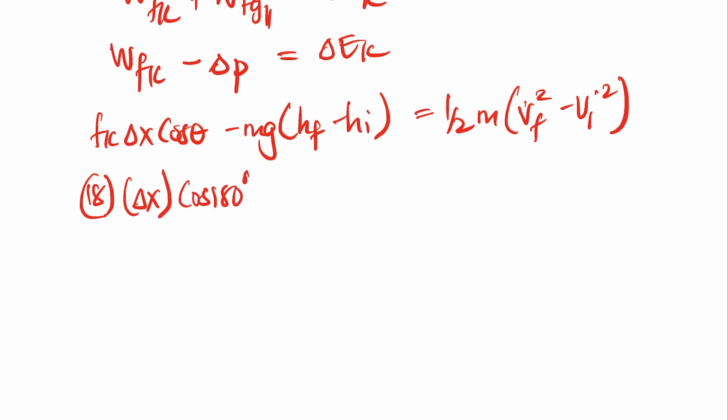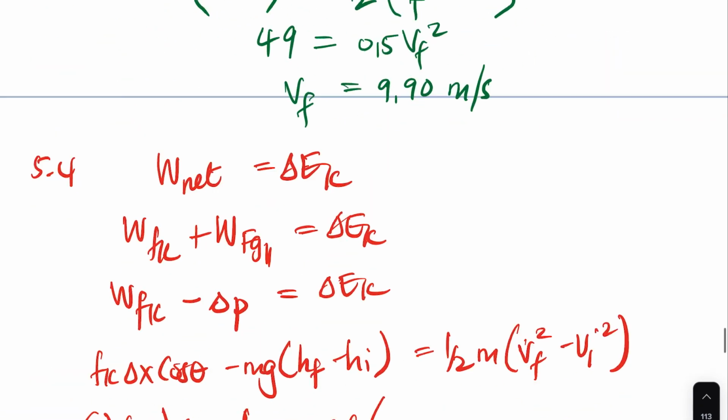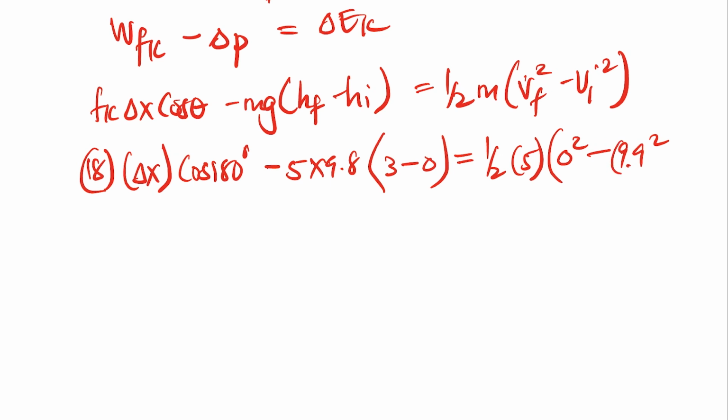It's going to be cos 180 because it's going in the opposite direction, and the mass is 5 times 9.8, and then the height final, where it reaches, is 3. Initially it was 0 height, so equal to half, the mass is 5, the v final is 0, and the v initial is 9.9 square. Right?